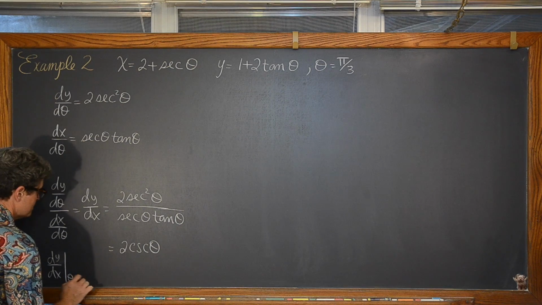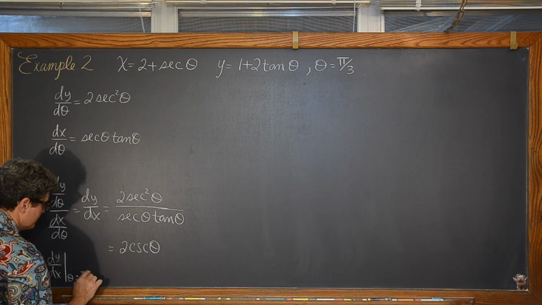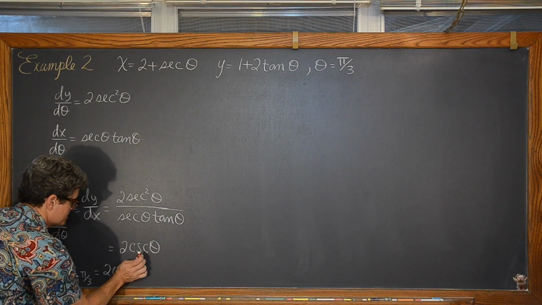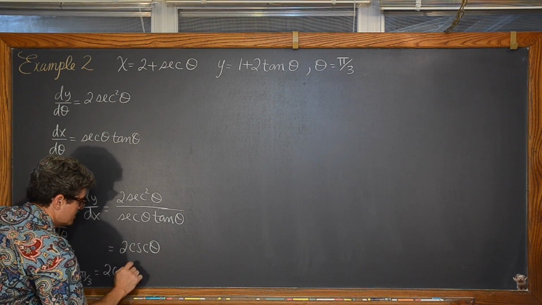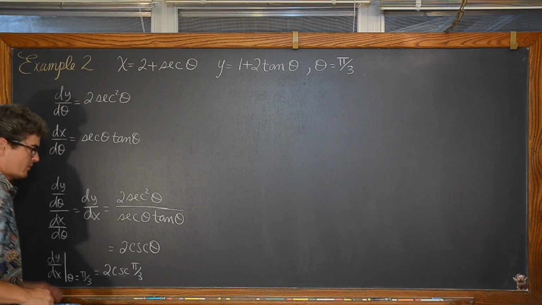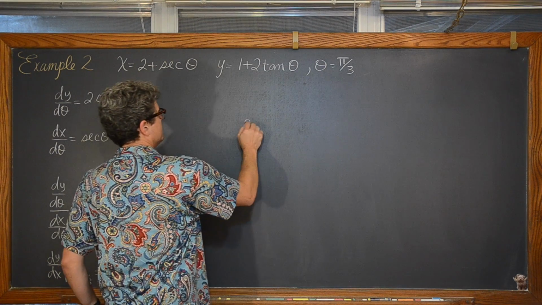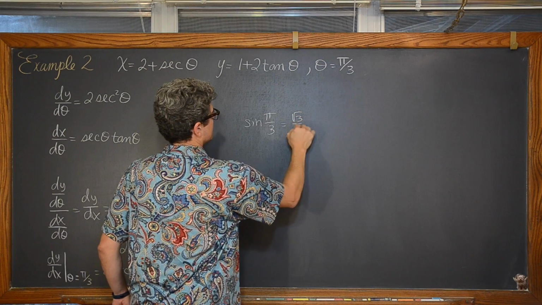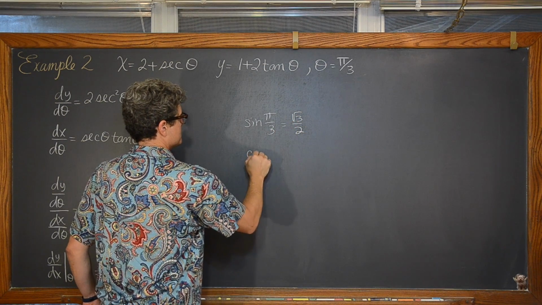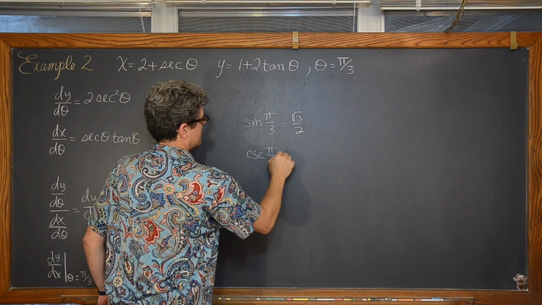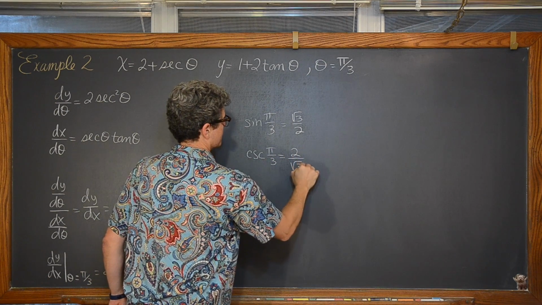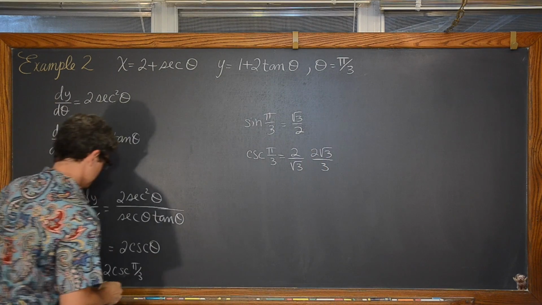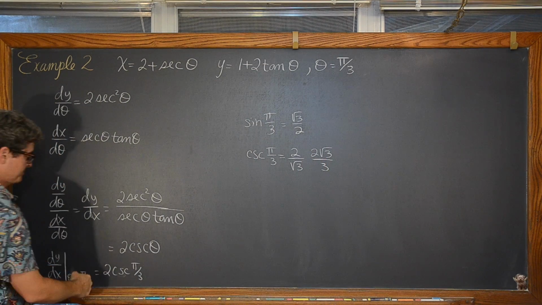when theta is equal to pi over 3 is equal to 2 times the cosecant of pi over 3. Well, the sine of pi over 3 is square root of 3 over 2, so for cosecant we're looking at 2 over square root of 3, so we're looking at 2 square root of 3 over 3 times 2.